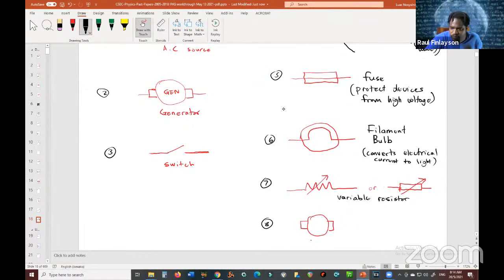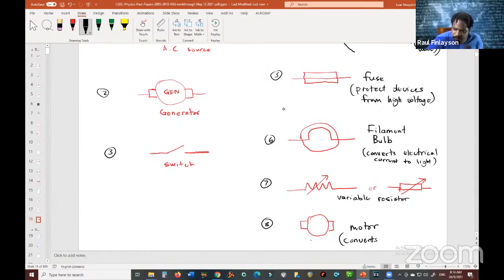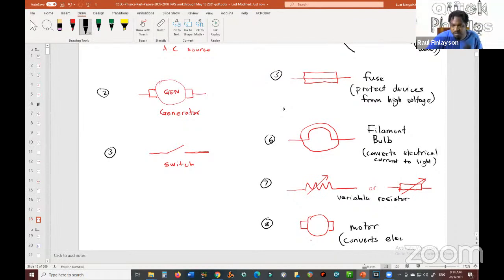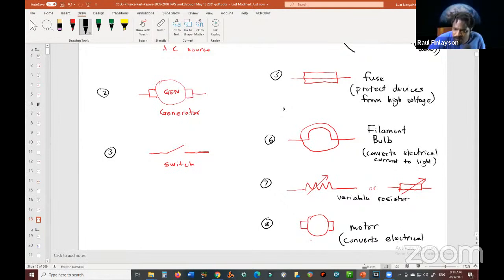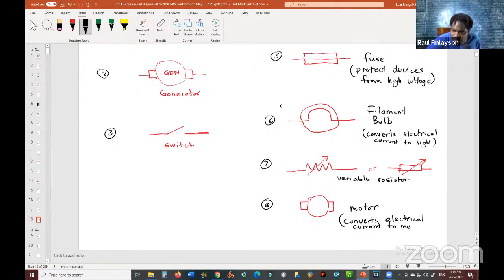The motor converts electrical current, all right, to mechanical energy.